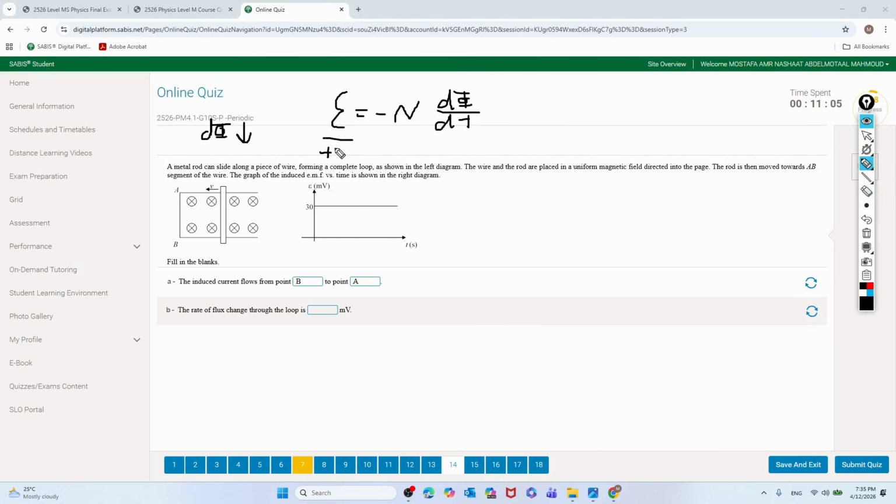This is positive 30, right? And they want to find delta phi over delta t. Here, it's one loop, right? It's not a coil, it's one loop. So plus 30 equals negative 1 times delta phi over delta t. So it's just going to be negative 30.